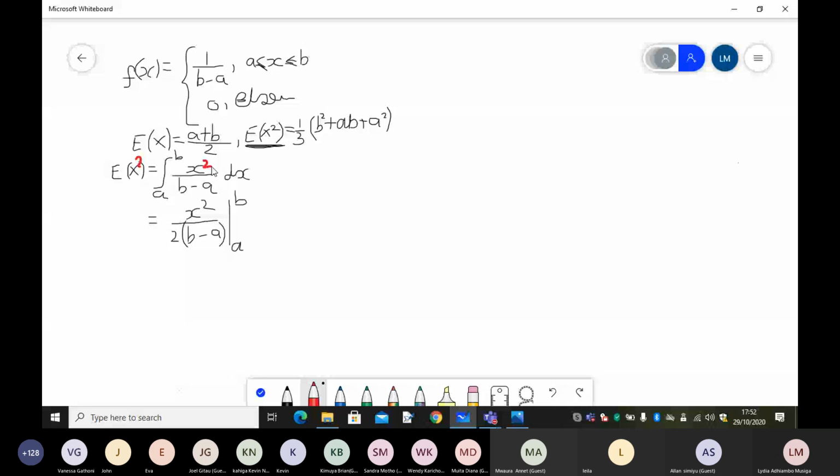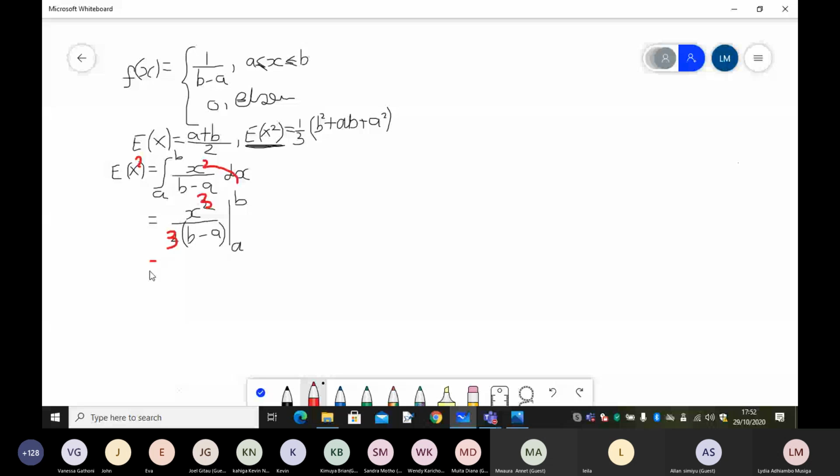So this will be equal to, if we integrate, X cubed over 3 into B minus A.